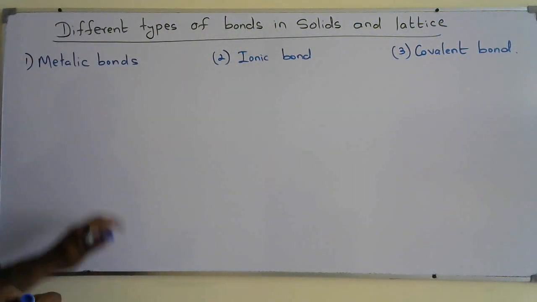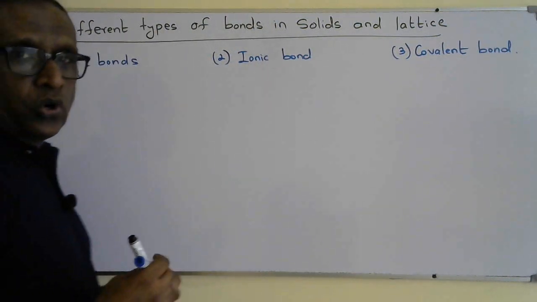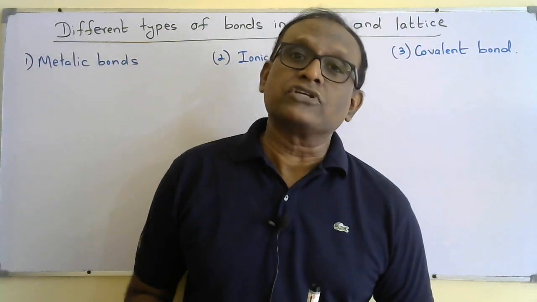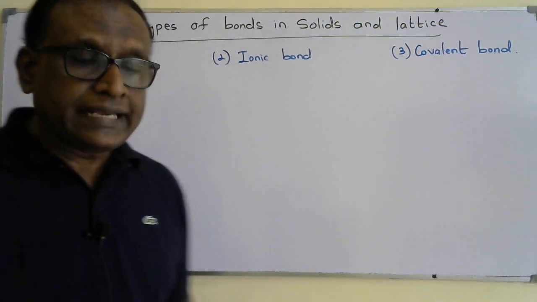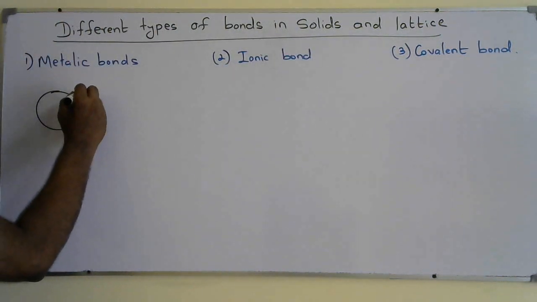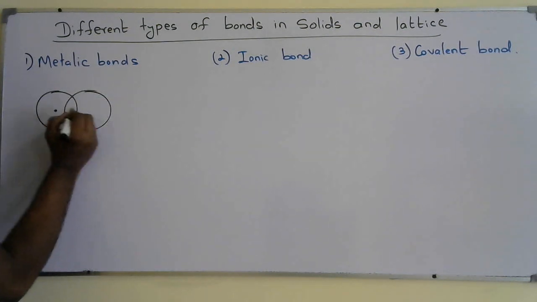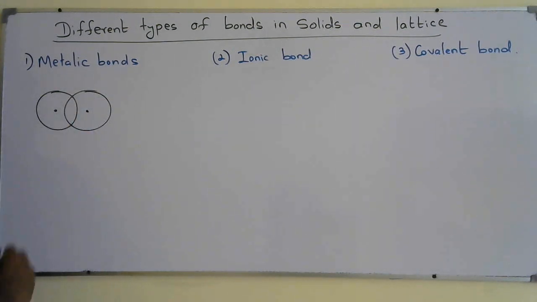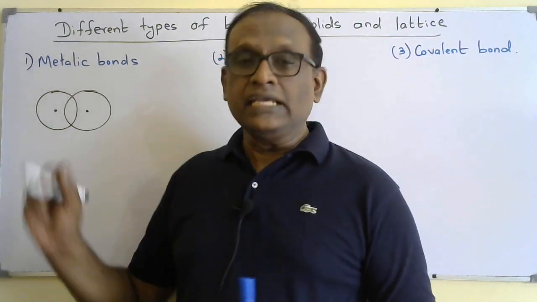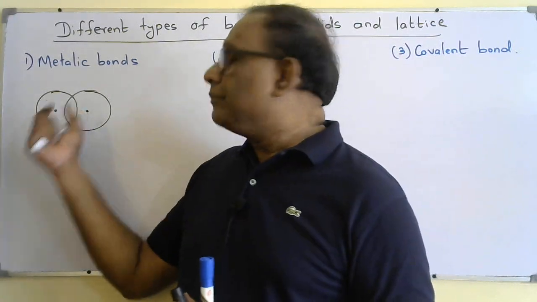Okay, so the metallic bond is only between two or different types of metals. Say for example, in metals, when you consider two metal atoms, the distance between their neighboring nuclei is smaller than the diameter of the atom.